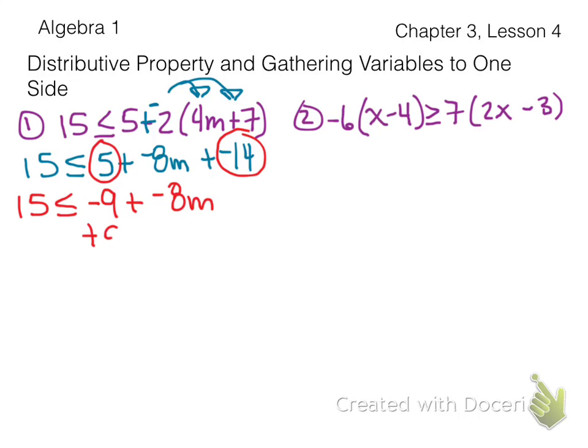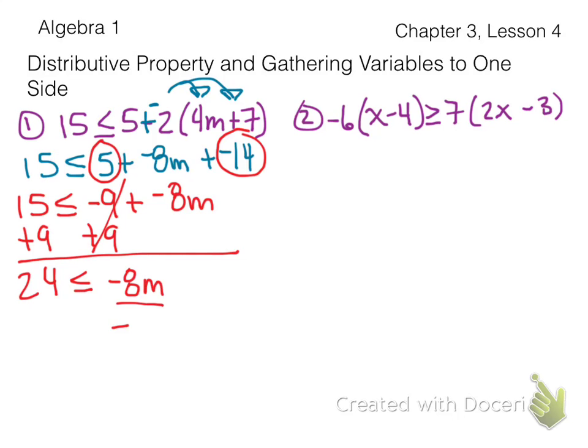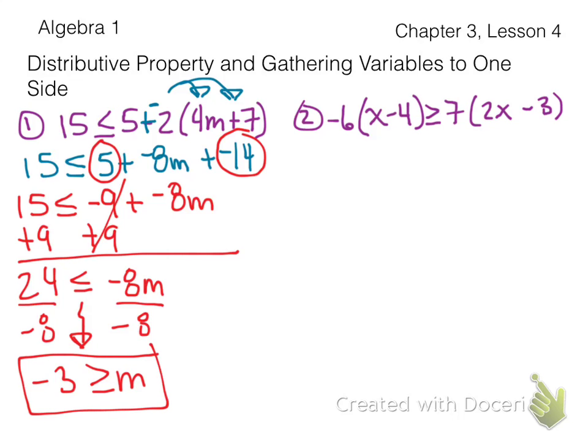I'm going to add 9 on both sides to cancel out the 9s, and that's going to give me 24 is less than or equal to negative 8m. Divide by negative 8, divide by negative 8. That's going to give me negative 3. The only thing is I need to switch the direction because I did divide by a negative number. There we go, and I'm sure you guys can check it.